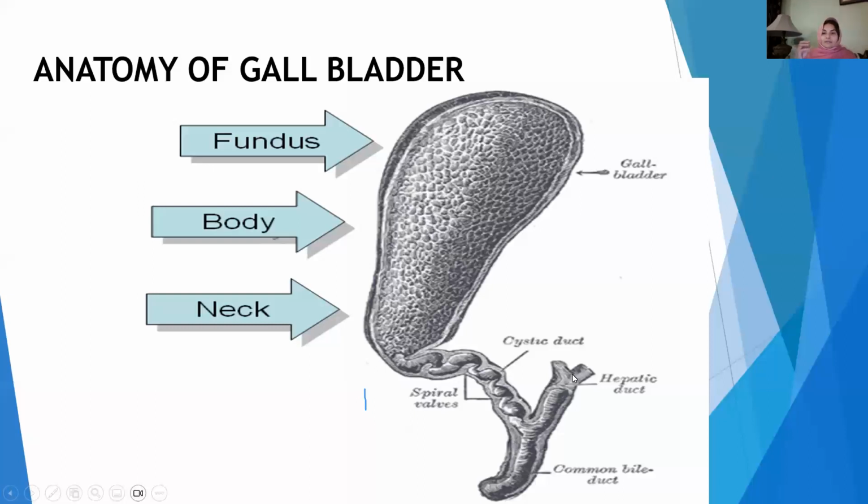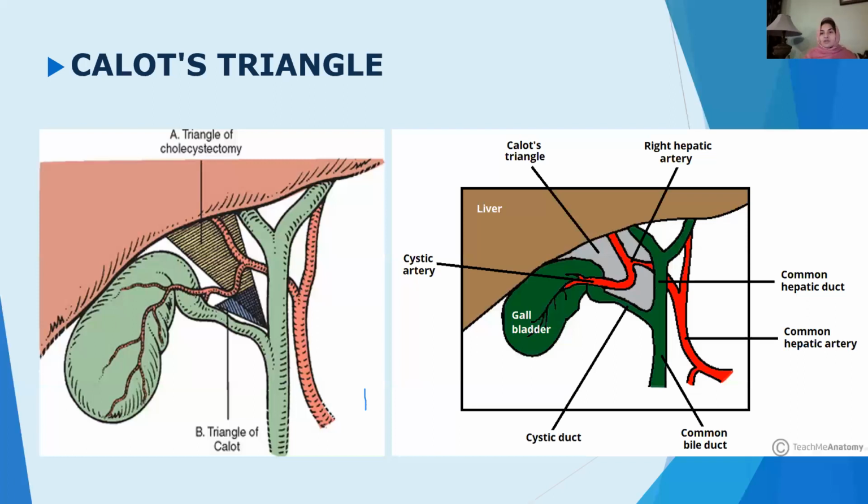A very common name is Calot's triangle, which everyone talks about. So I think it is also important for you to know about Calot's triangle. If we sketch it out, this is the inferior border of the liver and the gallbladder bed where the fundus is projected.